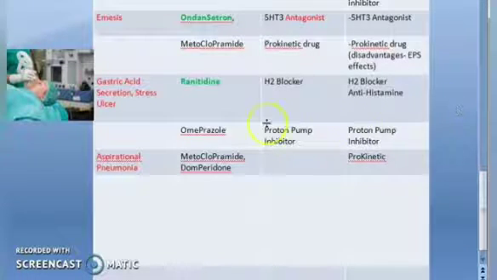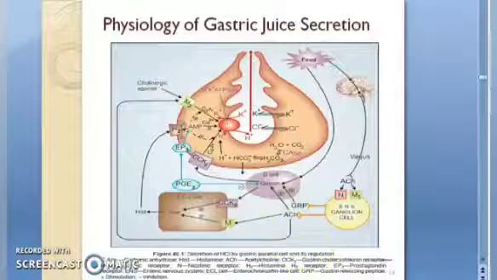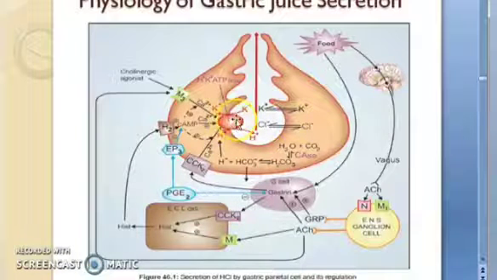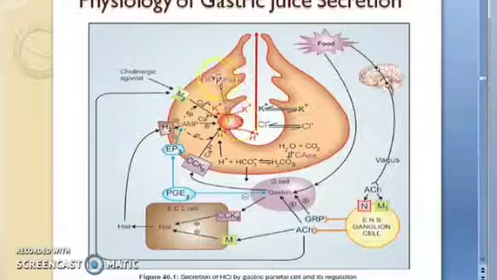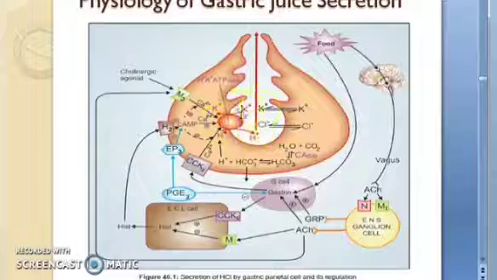Another good option is omeprazole. Omeprazole, you know, it is a proton pump inhibitor. Just look at this diagram from K.D. Tripathi. You will be able to understand what proton pump inhibitors do. This is a proton pump inhibitor, correct? H plus K plus ATPase. This is inhibited so that finally acid is not produced.